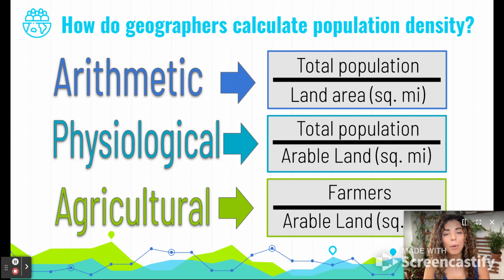On the AP exam, you'll probably see miles. Physiological, which is total population divided by the amount of arable land, or the amount of land that is farmable. And then also agricultural population density, and that is the number of farmers divided by the amount of arable land.